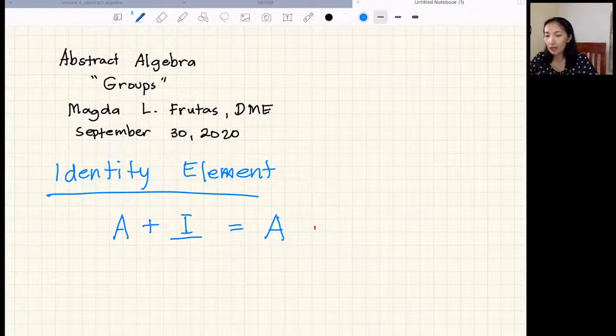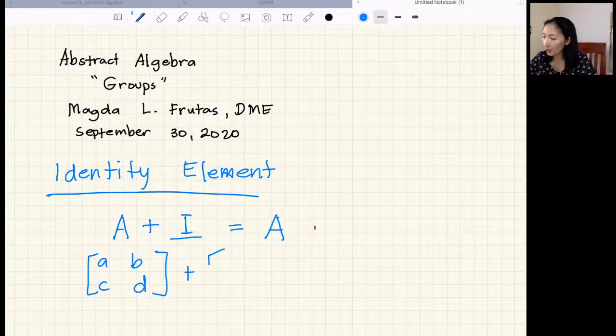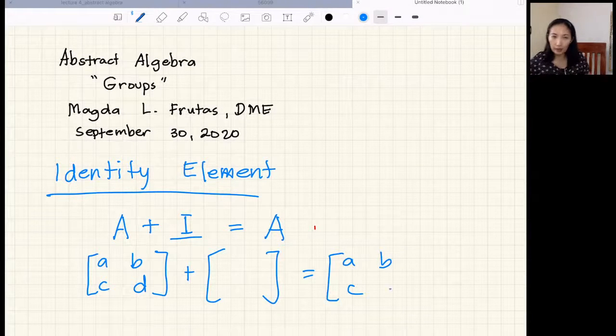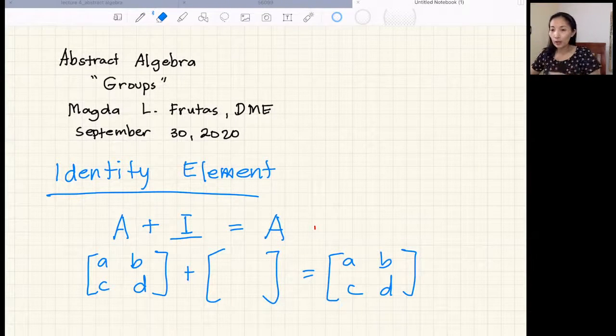A matrix plus its identity will give the matrix itself. So, if our matrix is A, B, C, D, plus, what should this be so that the result is the previous matrix, A, B, C, D?